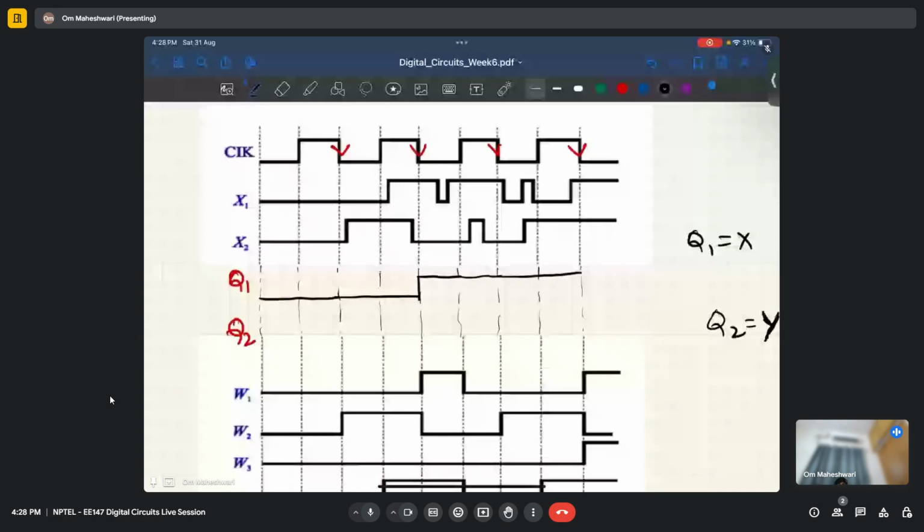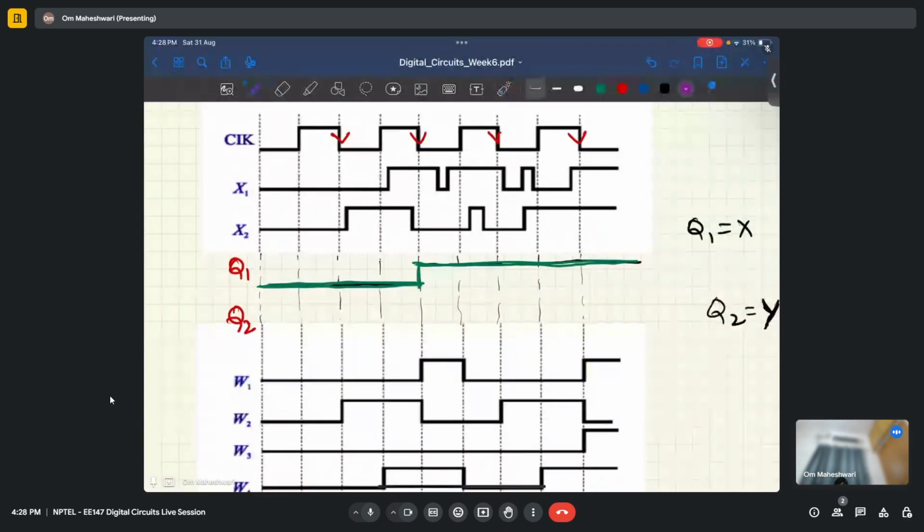Okay, so next is Q2. Now Q2 will be same as its input whenever there is clock trigger. So we start with 0. When this clock triggered here, it is 0. Right? You see there is little shift.